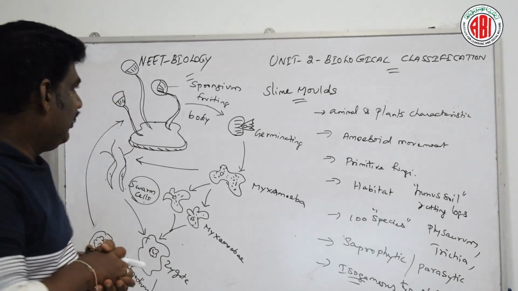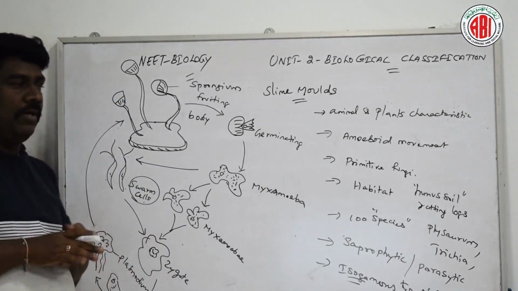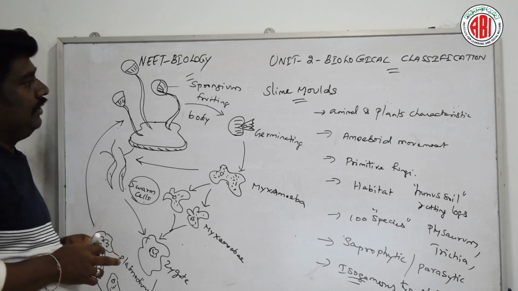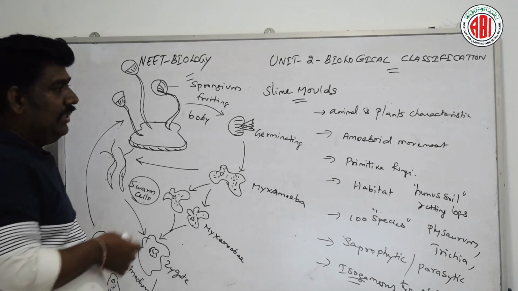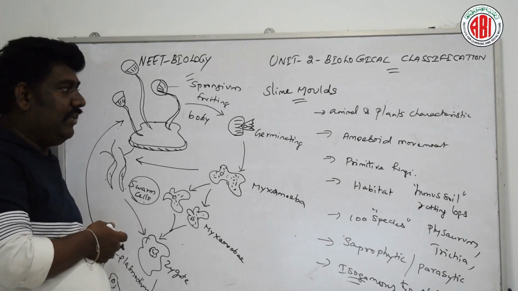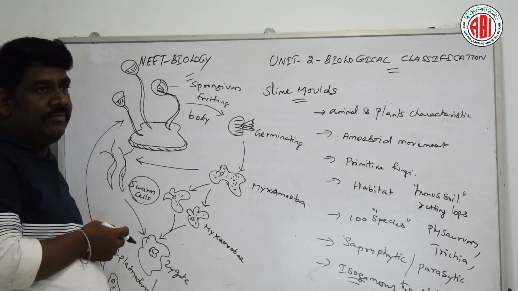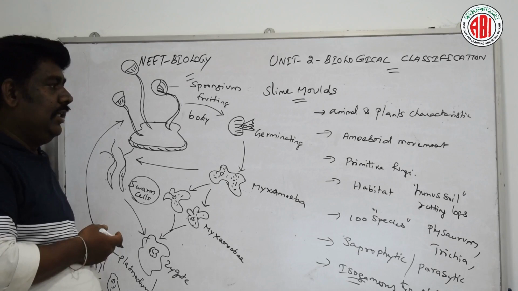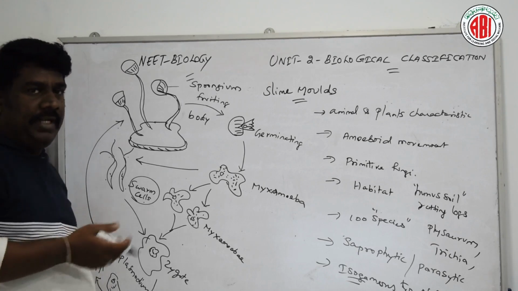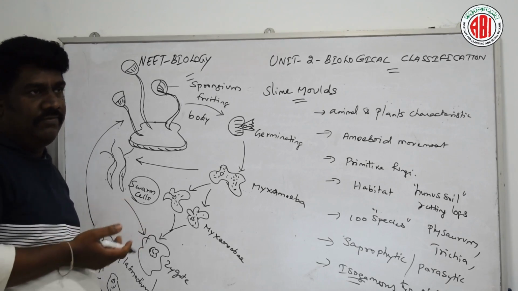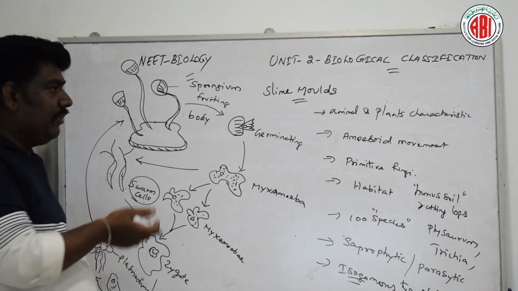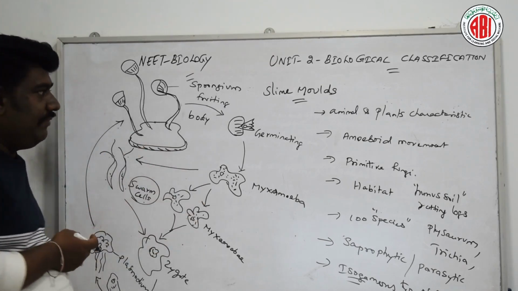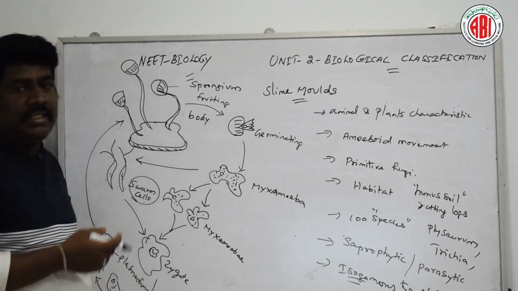Let us have a quick review of the life cycle of the slime mold. As we discussed, slime molds show characteristic features of both plants as well as animals. In plants, the organism undergoes germination and formation of spores from the fruiting bodies. Such a type of life cycle can be seen in organisms belonging to the slime molds.